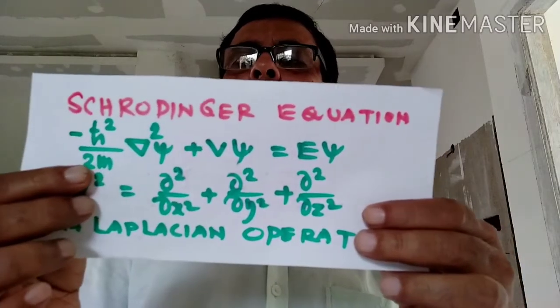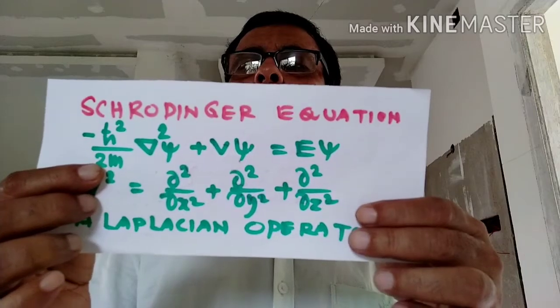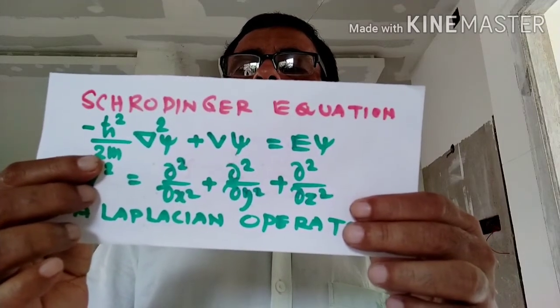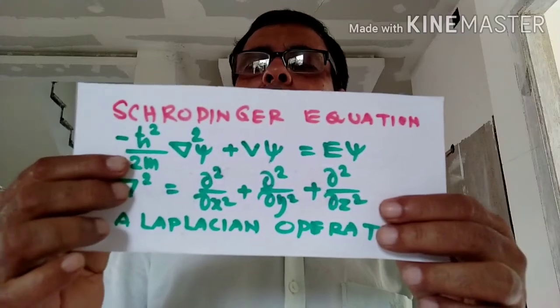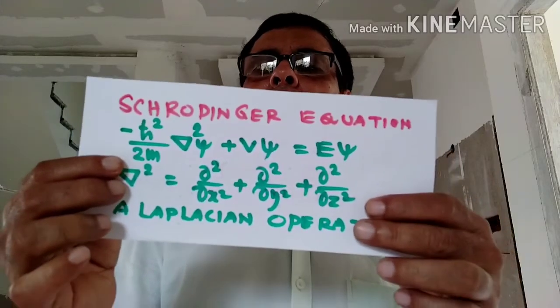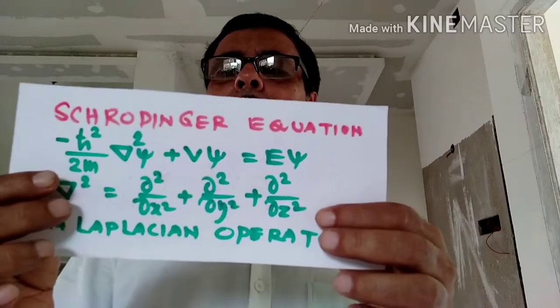That is, del square equal to del 2 by del x2 plus del 2 by del y2 plus del 2 by del z2. This is a second order partial differential equation which is used in Schrodinger equation. So there are numerous applications of differential equation in physics.